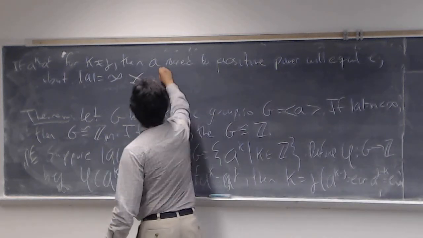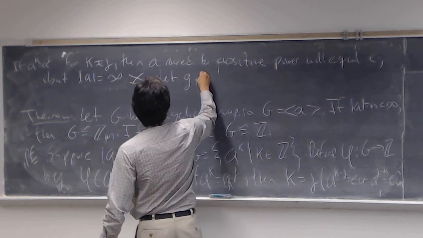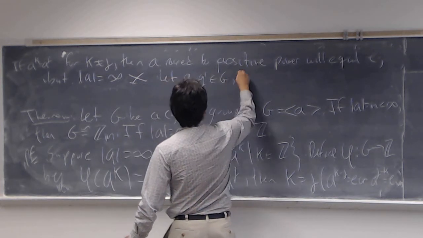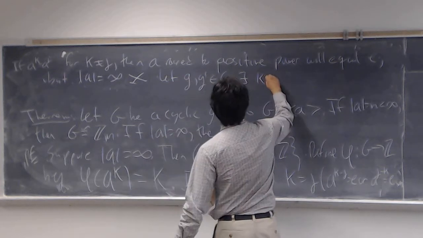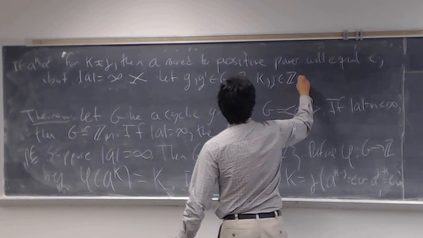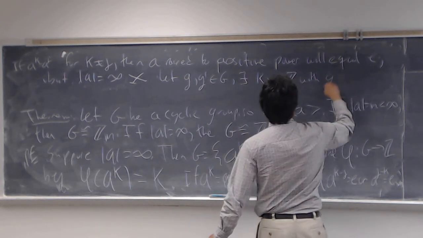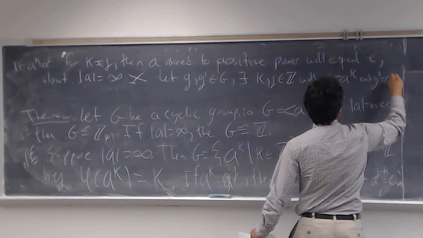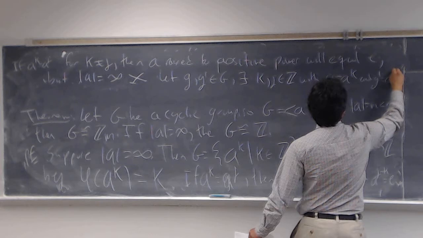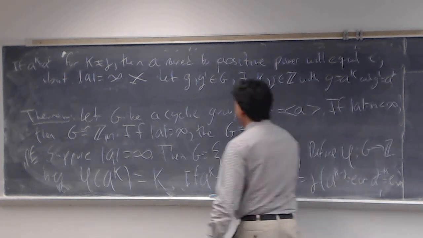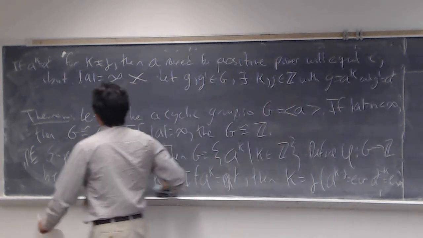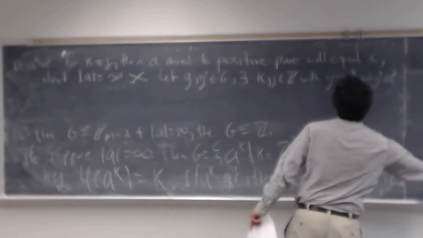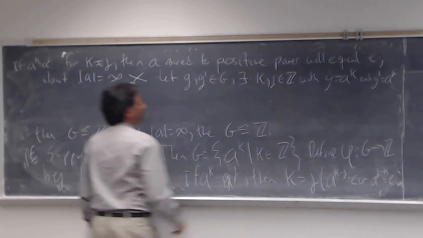If we take any two elements G and G prime in G, then we have some integers, say K and J in Z, with G equals A to the K and G prime equals A to the J. Again, that's because the group is cyclic and generated by A.